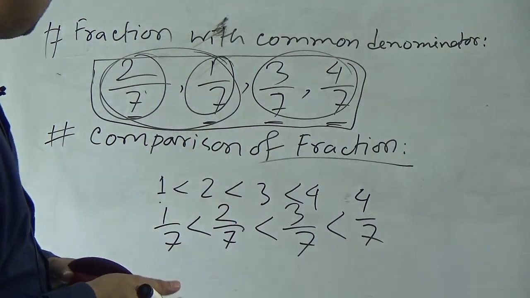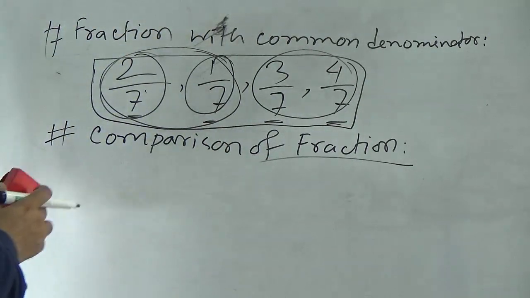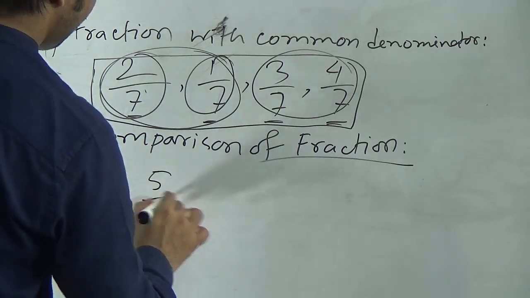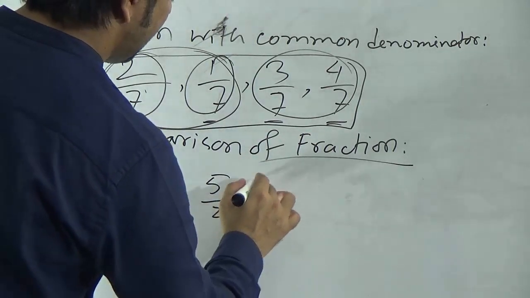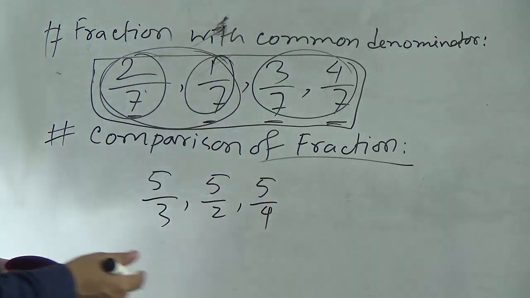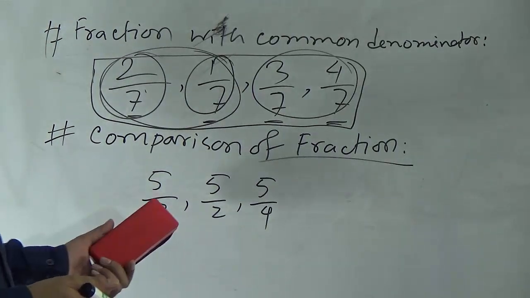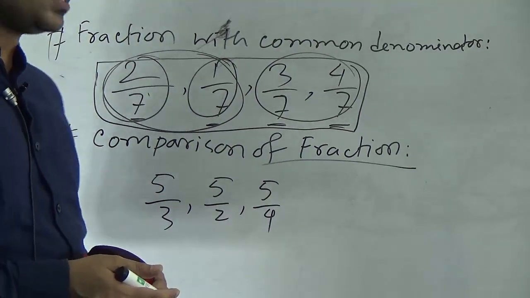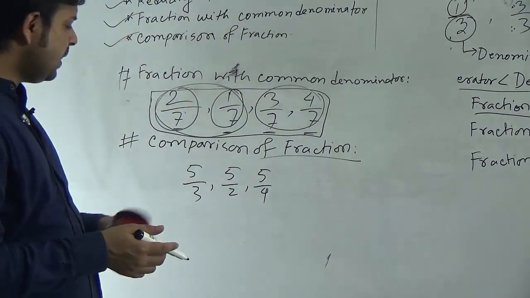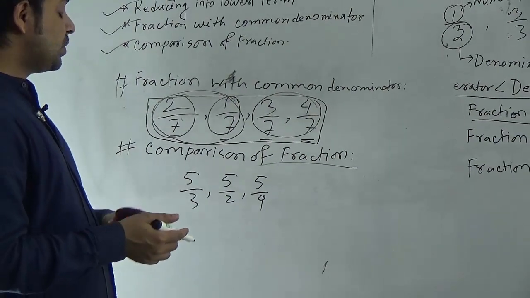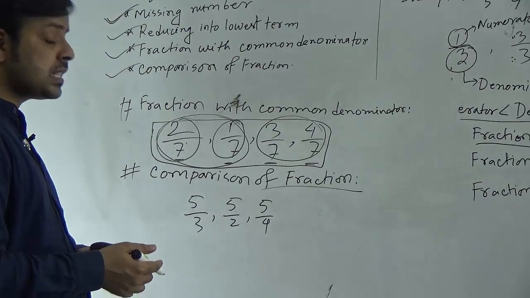Okay, dear students, sometimes the numerator may also be same. Suppose 5 by 3, 5 by 2, 5 by 4. These are three fractions here. Here the numerators are same. To compare or to arrange these three fractions, we have to know that if the numerators are same, then the fraction will be smaller whose denominator is larger.